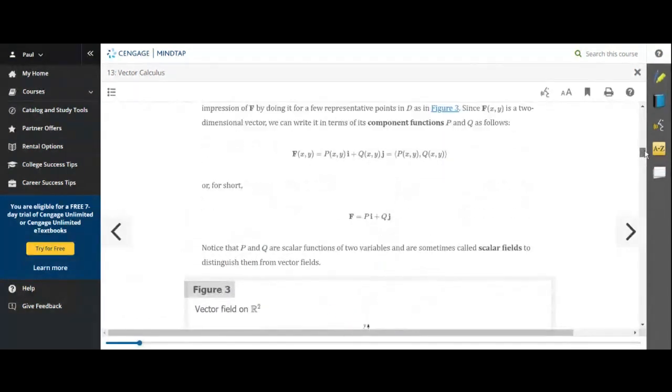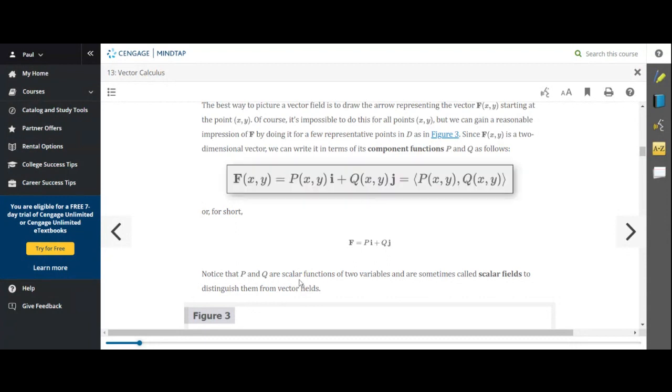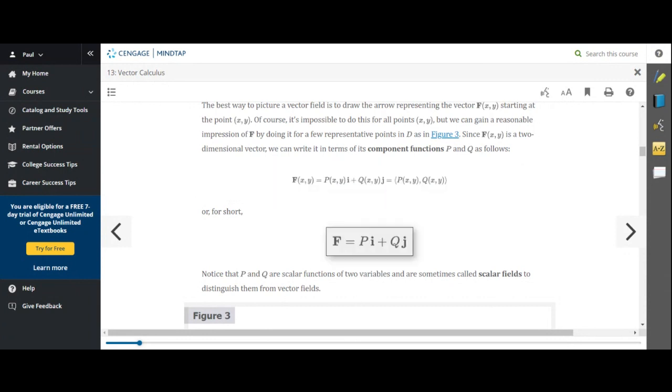You have a vector field F that's a function of x and y, and the components of the vector field, the i and j components, are also functions of x and y. We can abbreviate this using this notation. When a vector field F is equal to P times i plus Q times j, it's understood that P and Q are functions of x and y.